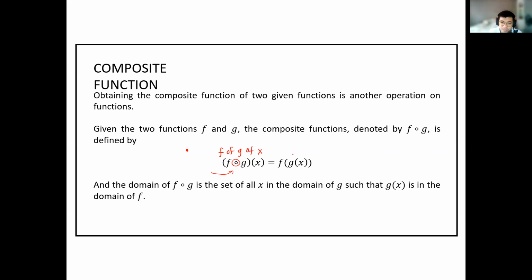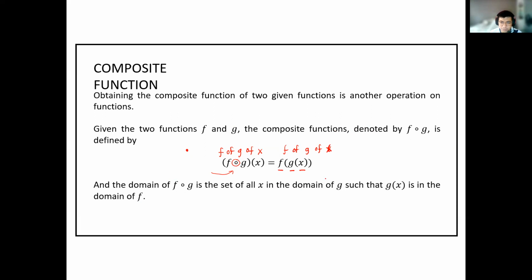Other books present it also in this manner, so that's why you have f of g of x. Usually the parenthesis will be the "of" term. So f function of g function of x.